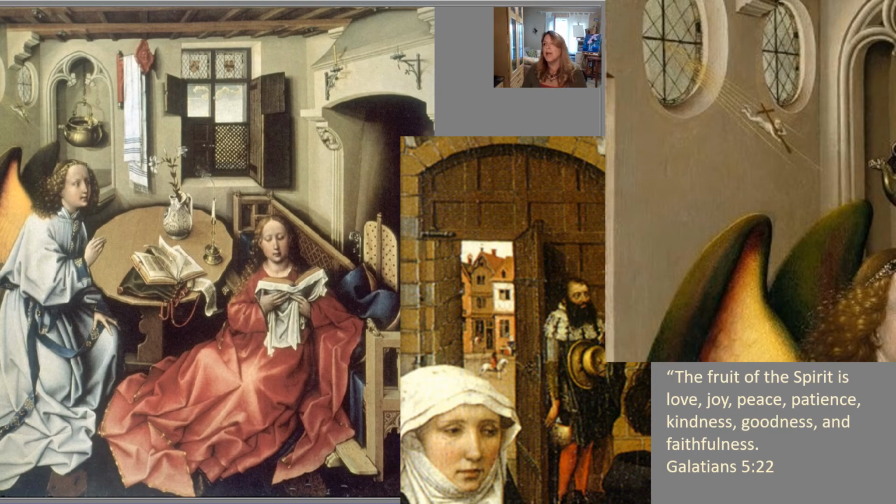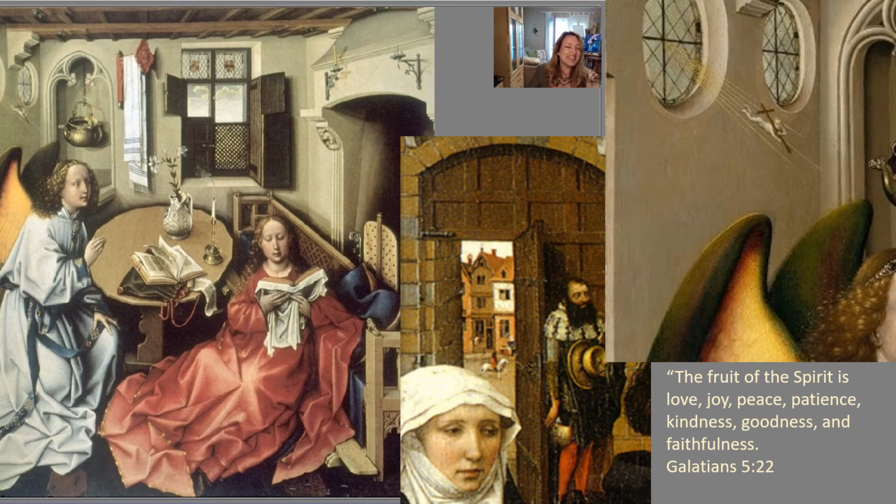And then you also have 7 fruits of the Spirit. And then you have other important numbers in the Christian Bible: 3, the Trinity, 12, the 12 disciples. Some of these numbers seem to recur over and over again. 40 days and 40 nights. So there are certain numbers that are tied to Christian iconography and symbols.